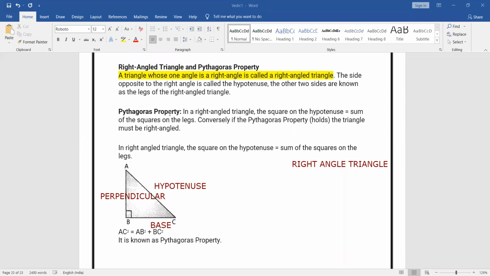Now, Pythagoras property is there. Pythagoras property is only for a right angle triangle. So what is the Pythagoras property?